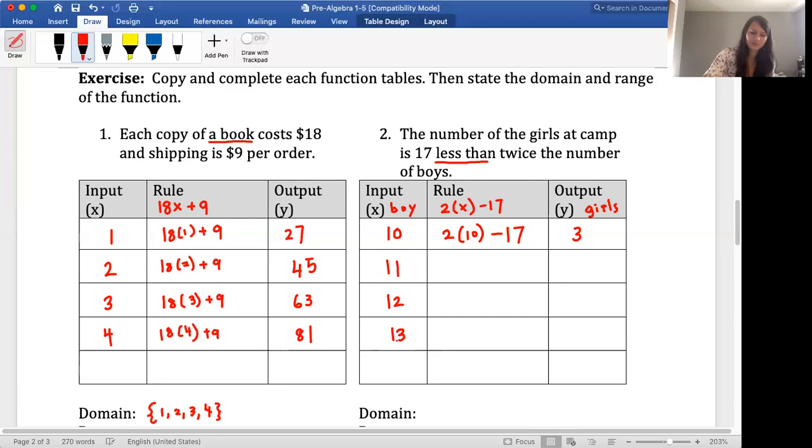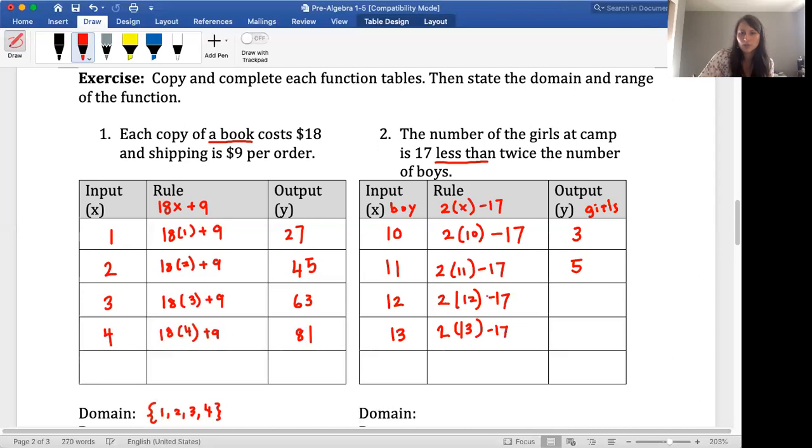So 2 times 11 minus 17, I would be left with 5 girls, and let me plug that back into the equation. So 2 times 11 minus 17, 2 times 12 minus 17, 2 times 13 minus 17.